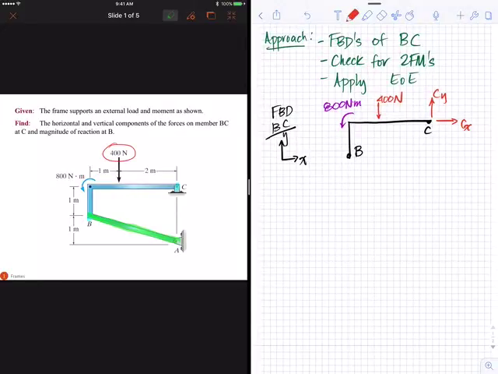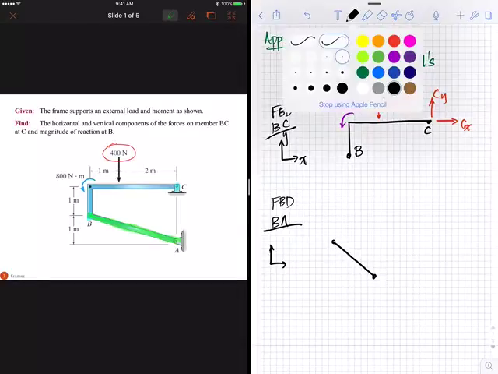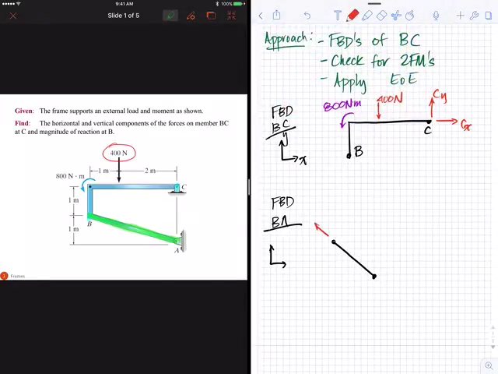And if we assume BA is in tension, we could do a free body diagram really quickly of member BA. The way I think of it is that we can assume this one is like this. So if this is B and A, then that means the reaction force here is going to be like this. For this problem, this doesn't really matter because it's just asking for the magnitude.